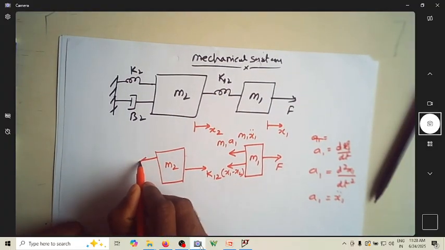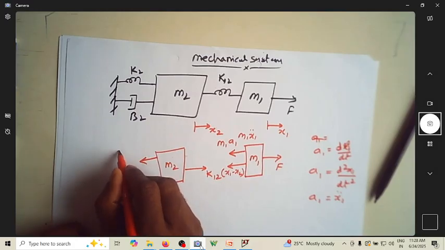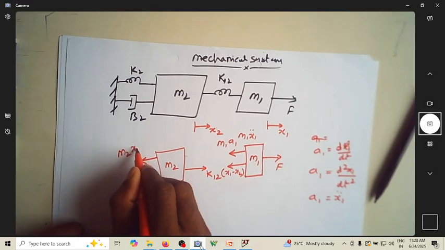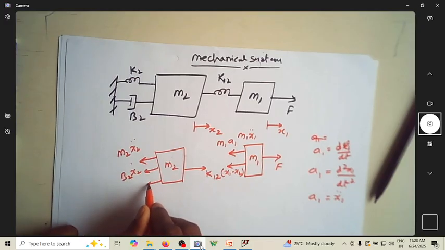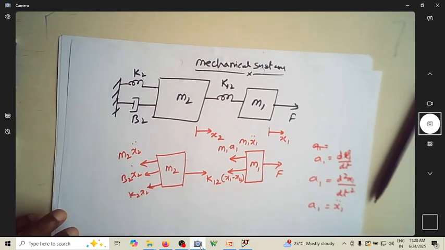The opposing forces are m2 x2 double dot, b2 x2 dot, and k2 x2.